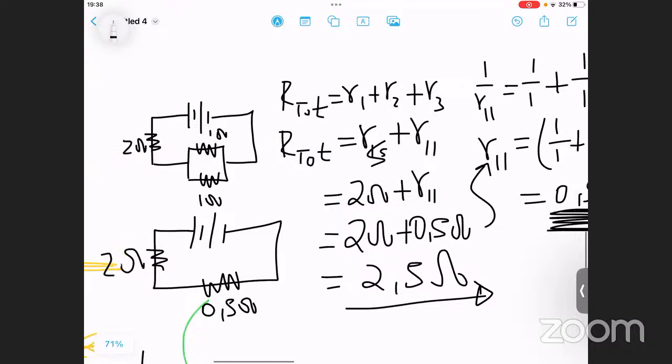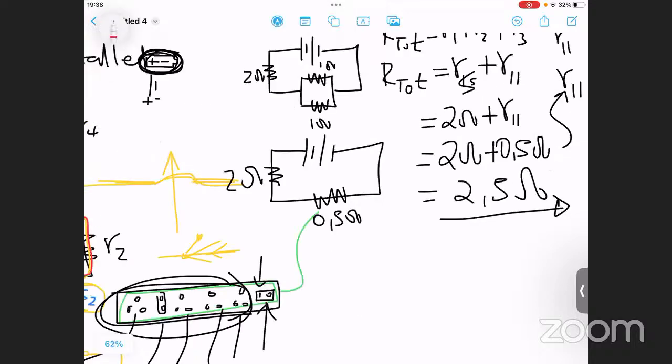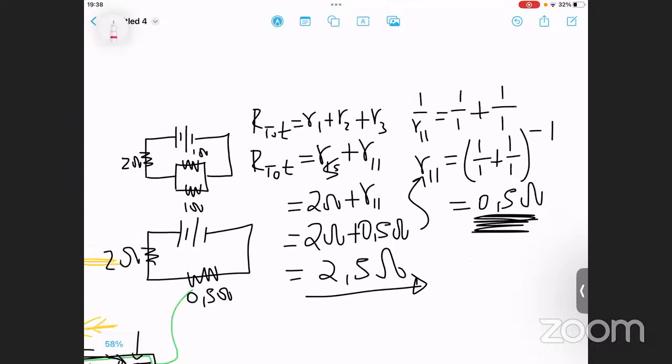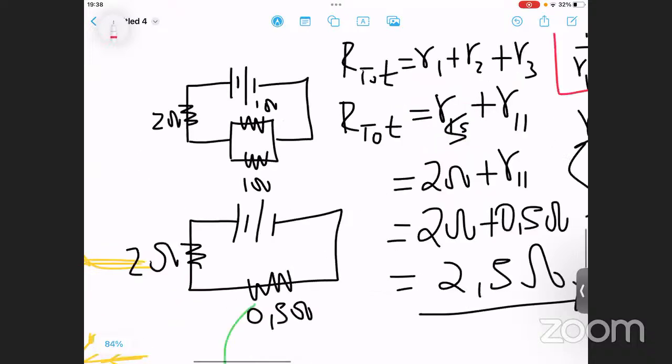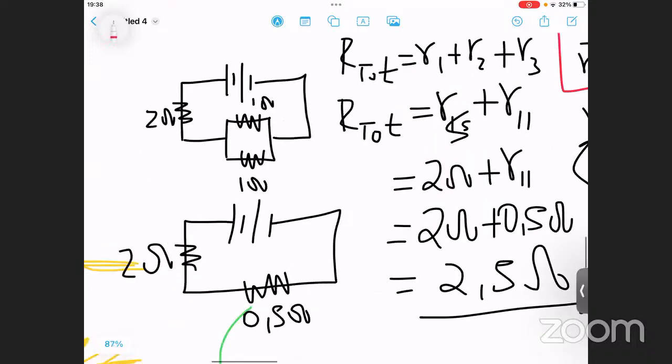So that means this formula for calculating a parallel helps you to convert this from being parallel to making it a series.